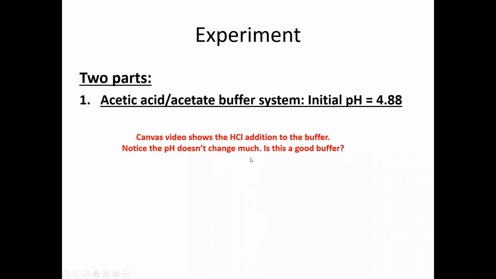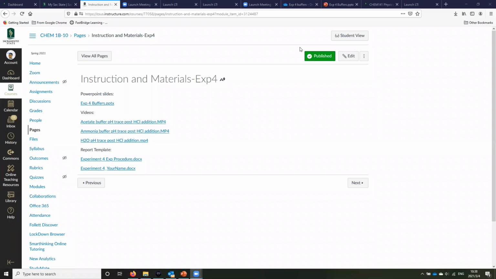There is a video on Canvas. Now you should see my screen showing the Canvas page. There should be the experiment 4 instruction materials. I include a few videos there that show the pH trace after adding HCl to the acetic acid buffer or adding HCl to the ammonia buffer.